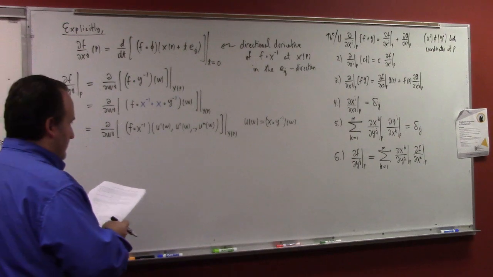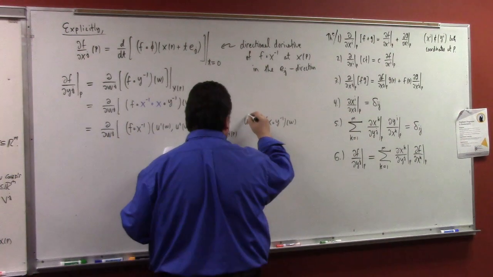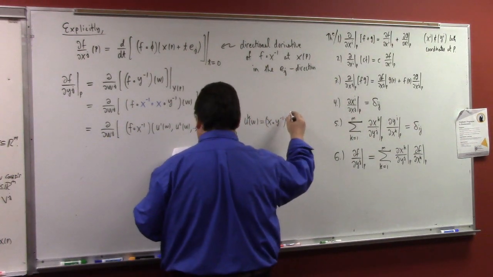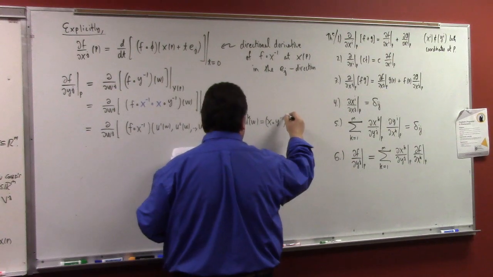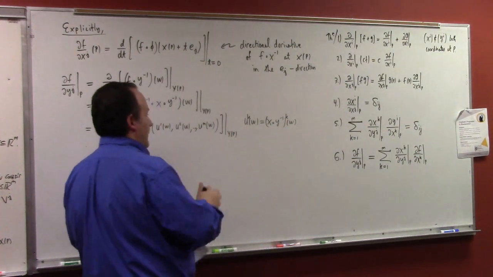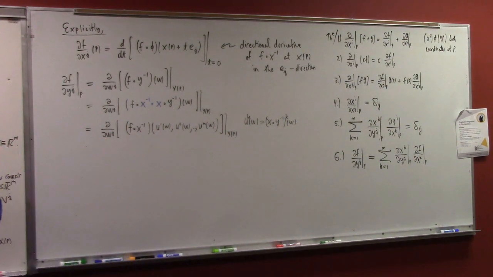Or if you like, the kth component of that is the kth component of this. After all, x composed with y inverse is a transition function, right?